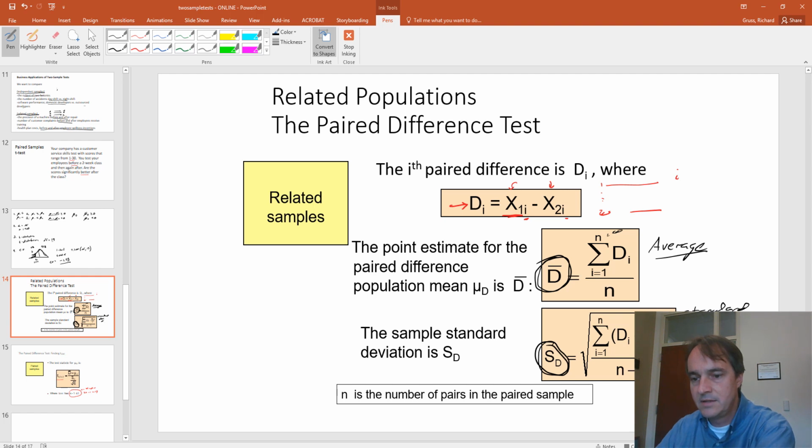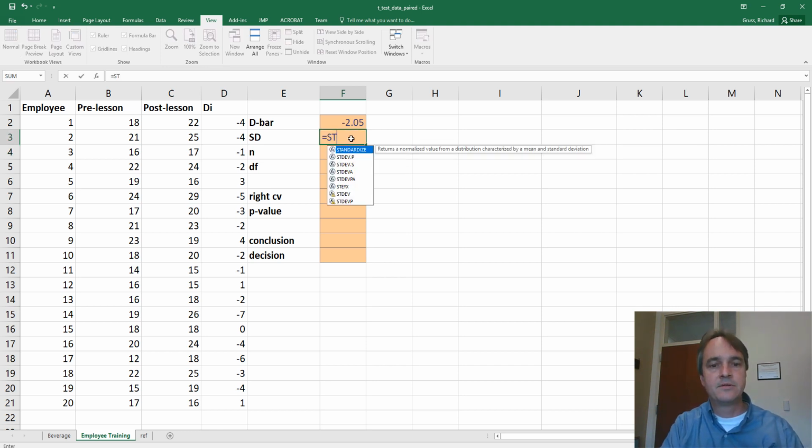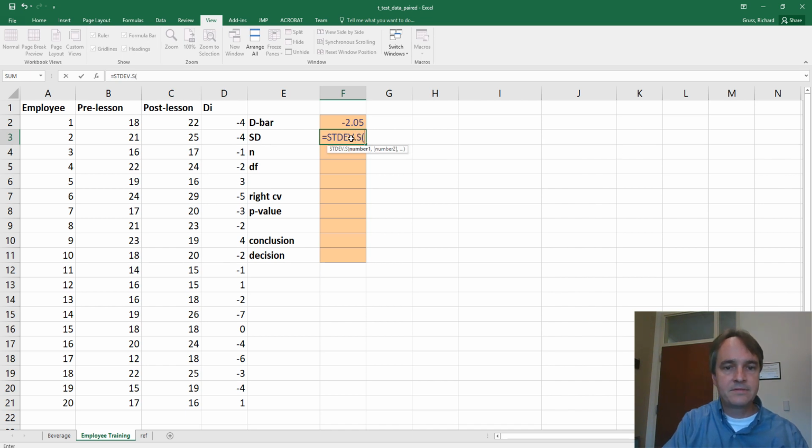Rather than compute all this, I'm just going to find the standard deviation of d using the standard deviation function, the sample one. So the standard deviation of these, the same d.